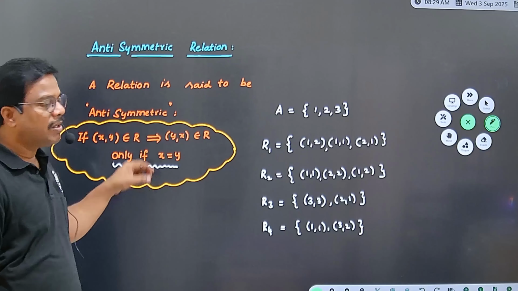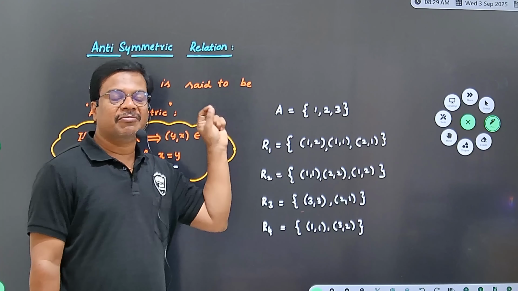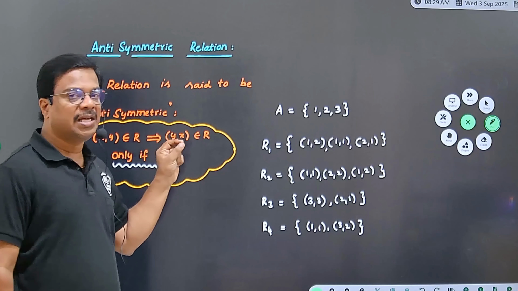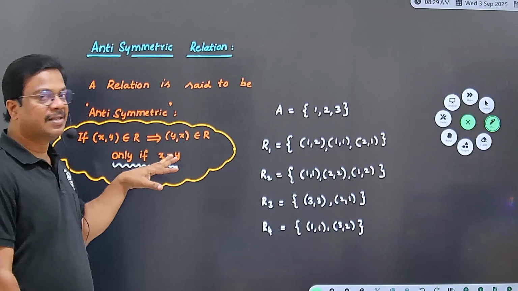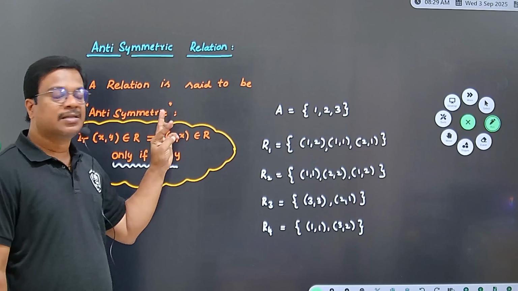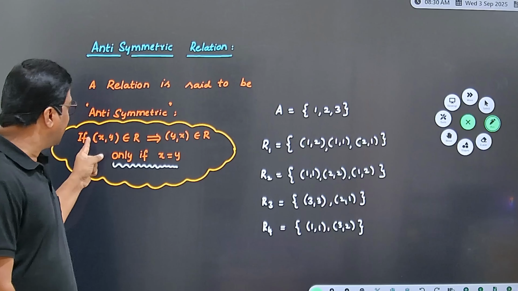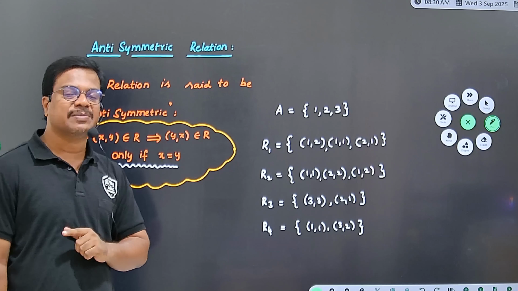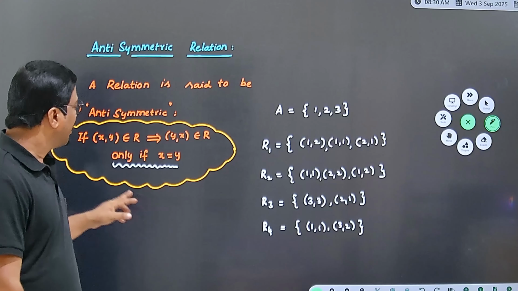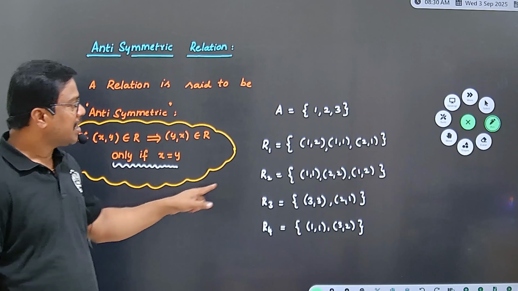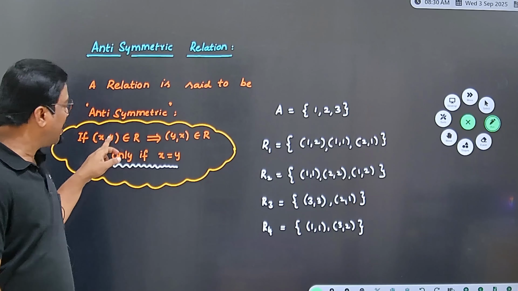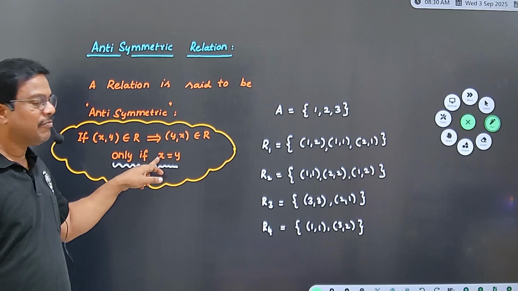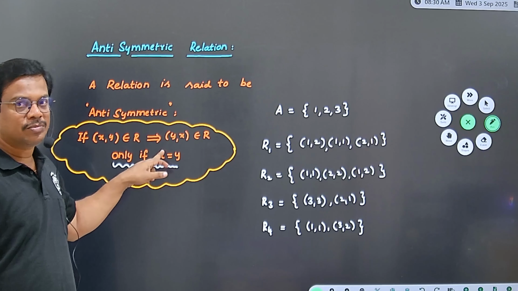Clearly these themselves satisfy the condition that (x, y) belongs to R implies (y, x) belongs to R. Next, suppose you have (1, 2), in which 1 is not equal to 2.